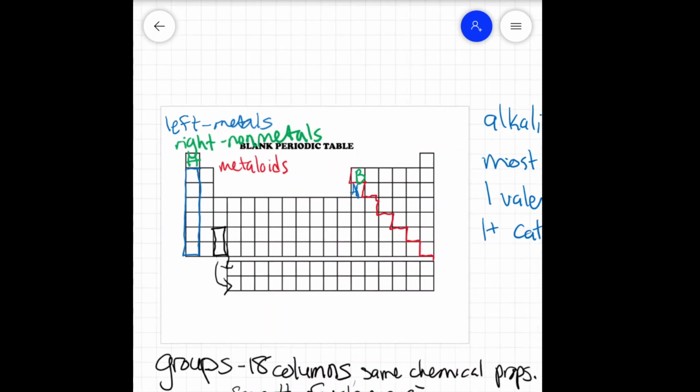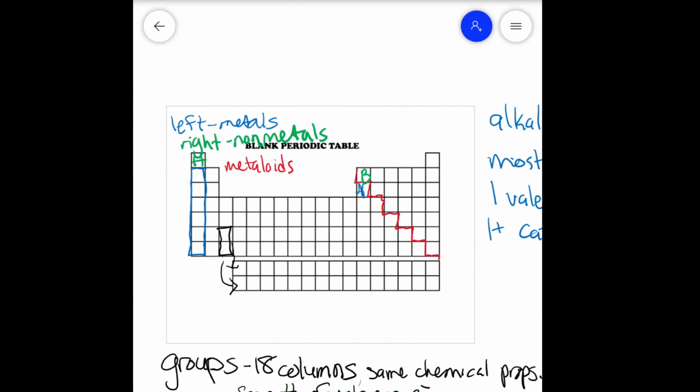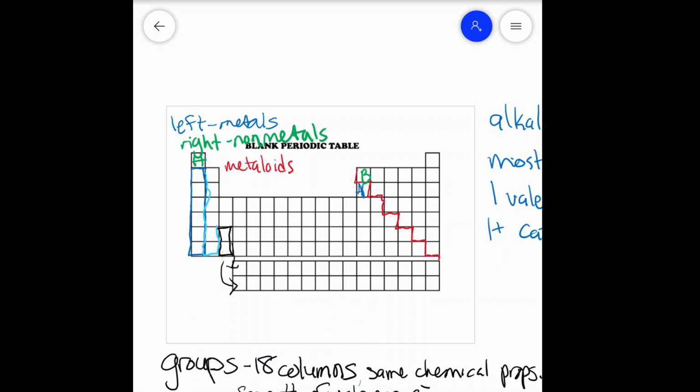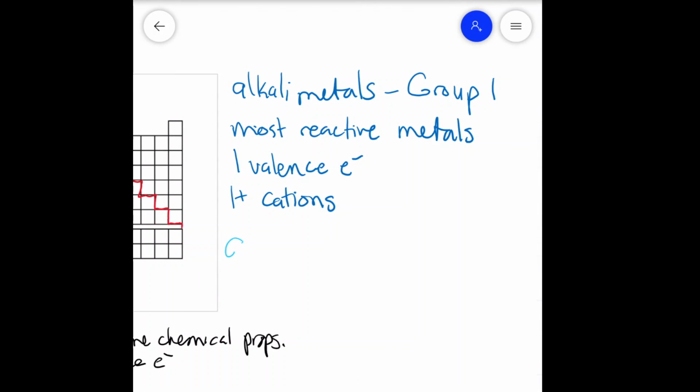So the group next to the alkali metals, this second group, is the alkali earth metals. And so this is group 2.